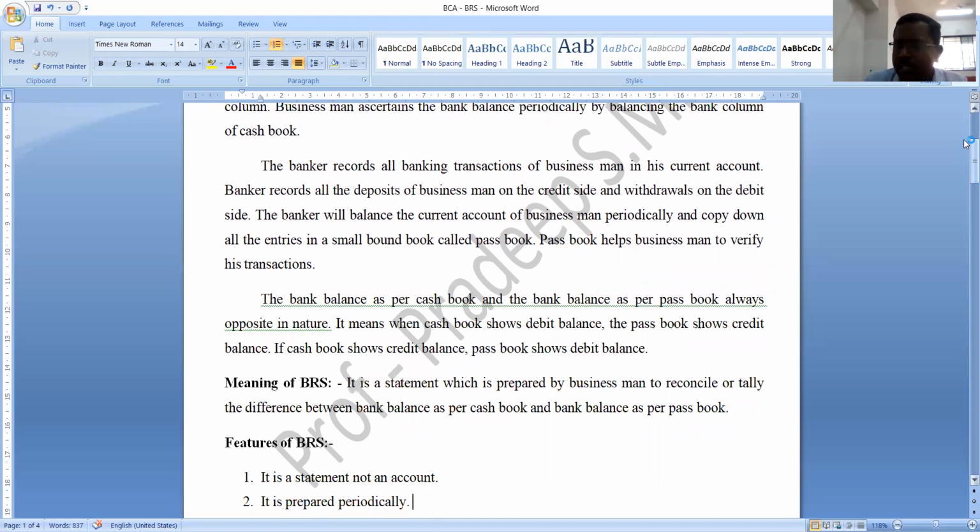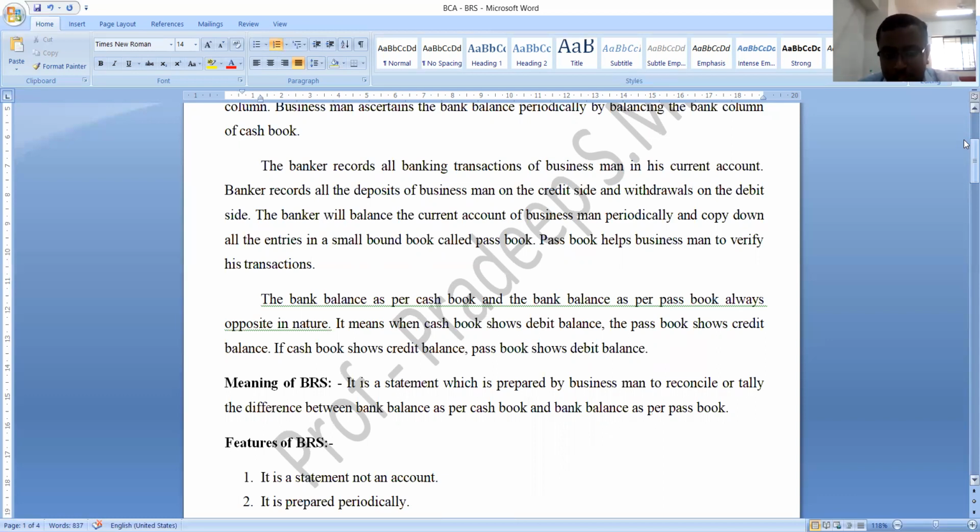See here, the businessman maintains the cash book, and on the other side the banker maintains the passbook. At the end of the month, both books must show the same balance. But due to certain reasons, there will be a difference in the balances of both books. That situation makes the accountant prepare a statement, which is called the bank reconciliation statement.